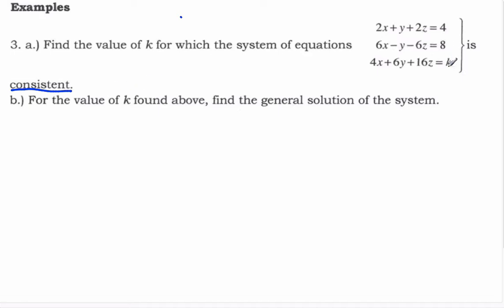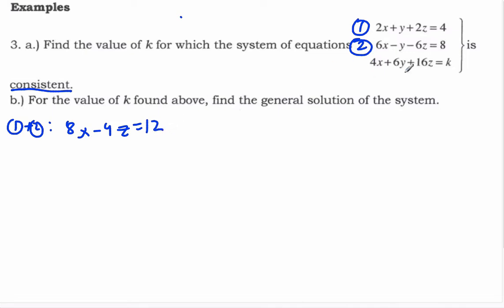Alright, so here's k down here, and what we're going to do is start solving. I can add 1 and 2 together, and that eliminates the y. So let's do that first. 1 plus 2 gives us 8x minus 4z equals 12.